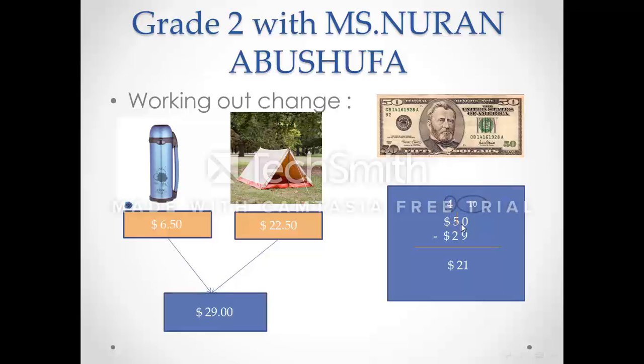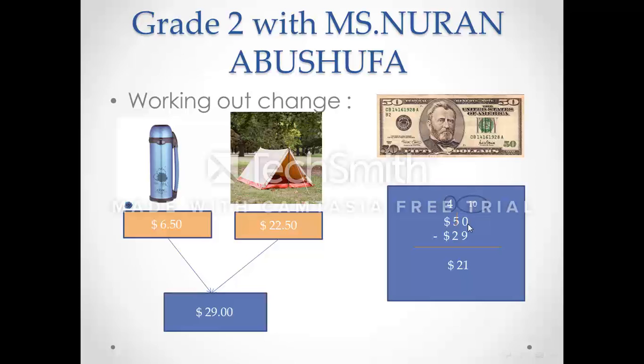What I did is $50 minus 29. $50, this is my money, and the money I want to pay is $29. So I wrote $50 minus 29. Now 0 minus 9, I'm not able to do this, so I borrowed one from 5, so the 5 became 4, and I took 1 for the 0, so the 0 became 10.